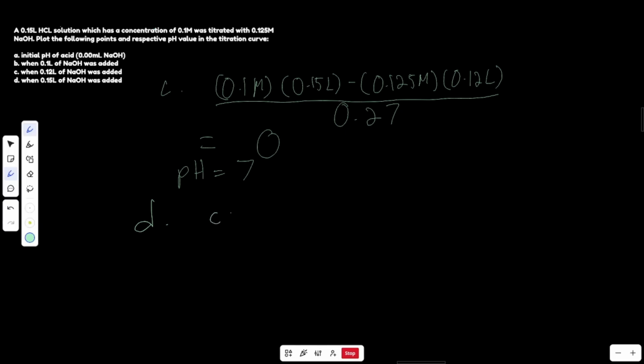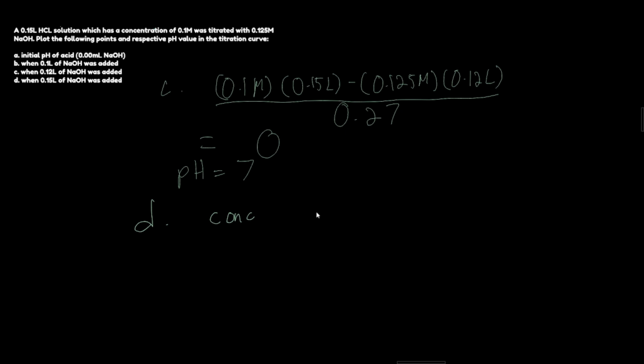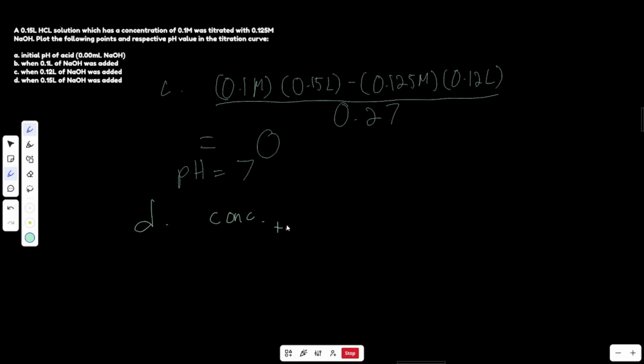So our new equation would be, not the concentration of the analyte, the concentration of our titrant here would be equal to 0.125 times our new volume, 0.15 liters, minus our original volume.